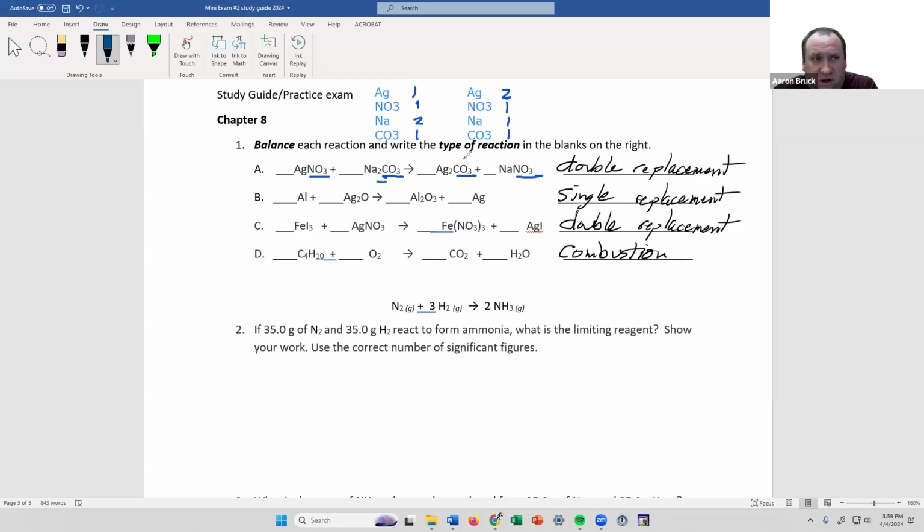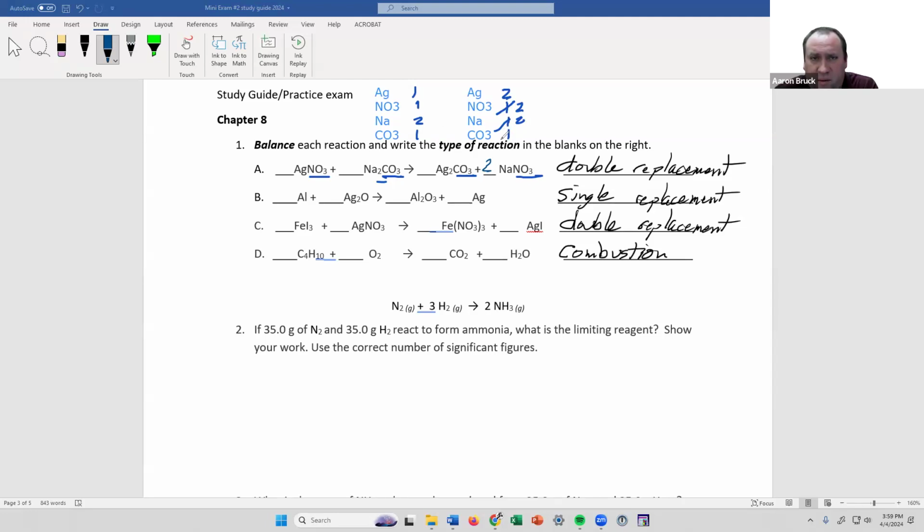So I'll start here with the sodium. I'm going to need two sodiums. That's going to turn my sodium from 1 to 2, my nitrate from 1 to 2 as well.